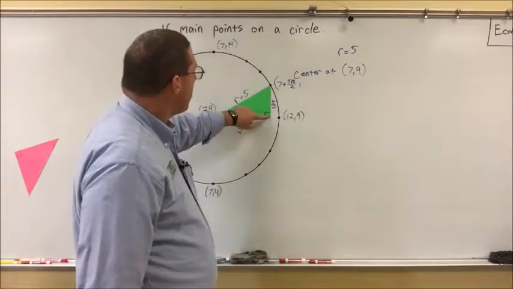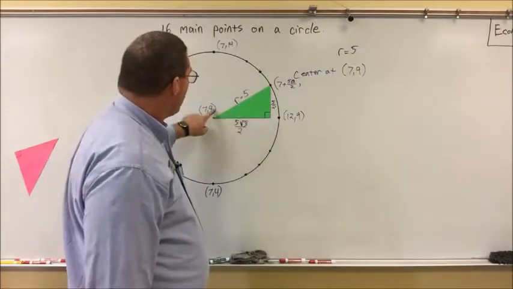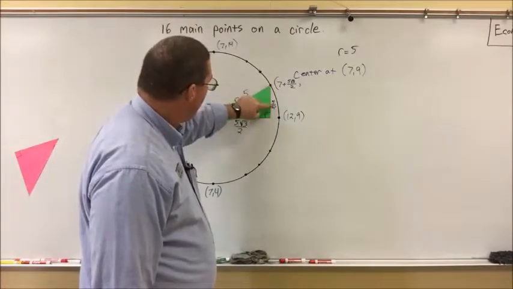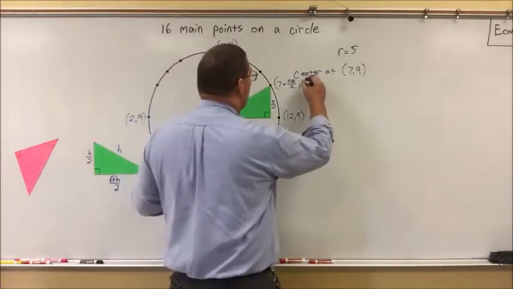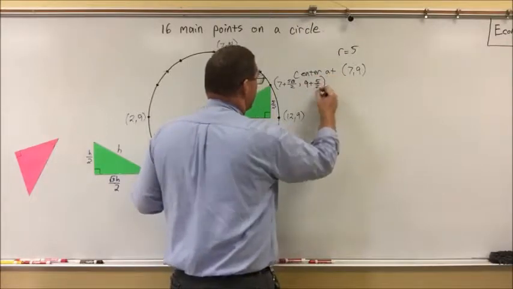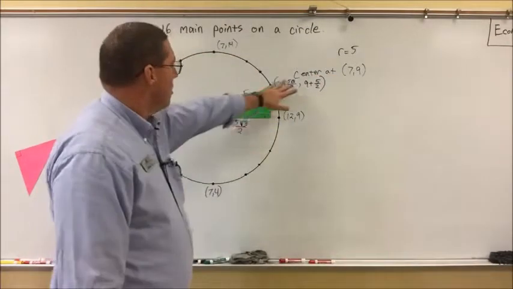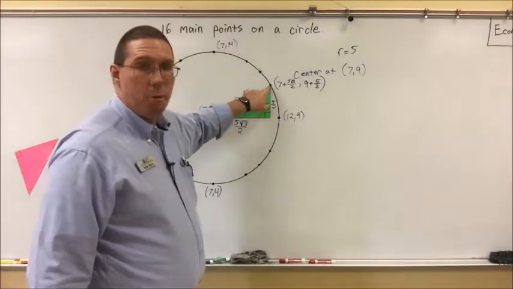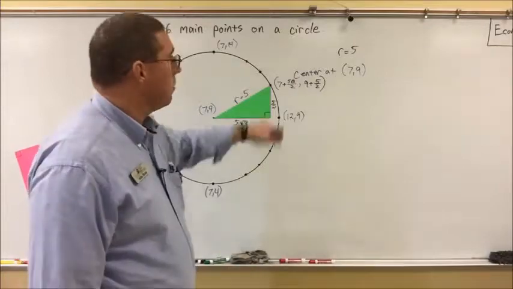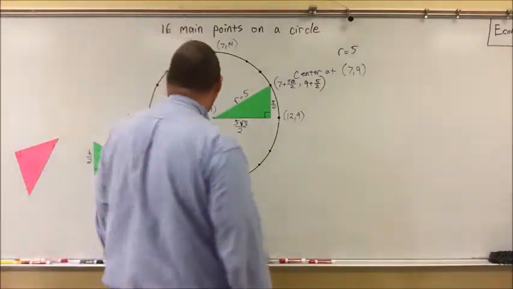Now the y coordinate of the center is 9, and then we're going up by 5 over 2. So all we have to do is 9 plus 5 over 2. These are the coordinates of that point right there. You can write it just like that. You don't have to simplify it. I'm okay with you leaving it like that.